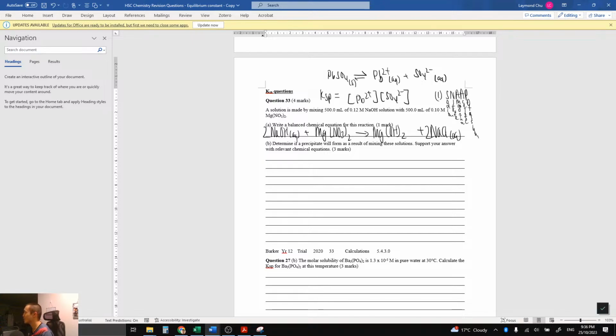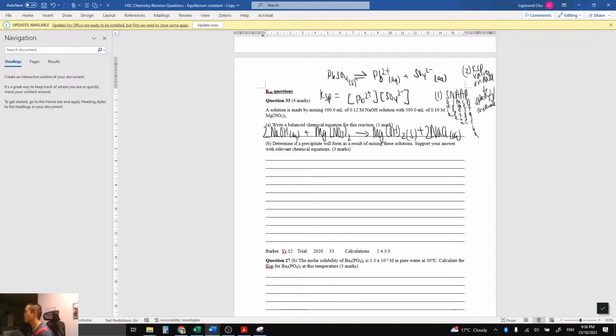The second thing you can use is the KSP values on your data sheet. If it's on your data sheet, it means that it is either sparingly soluble or considered insoluble. In these cases, we would write the state of that particular salt to be solid. Now the balancing, I'm sure you're across that.